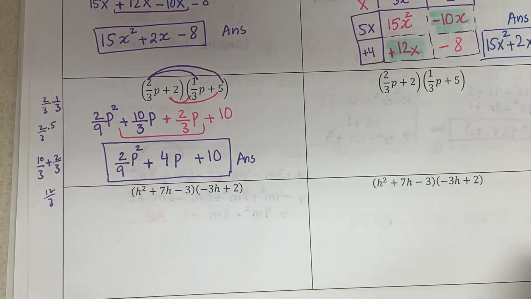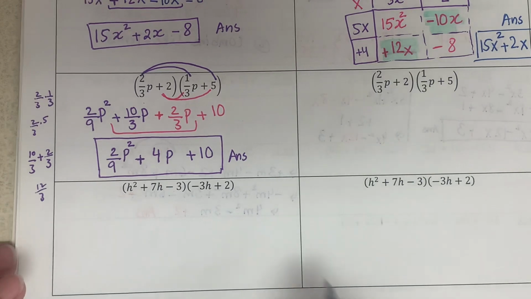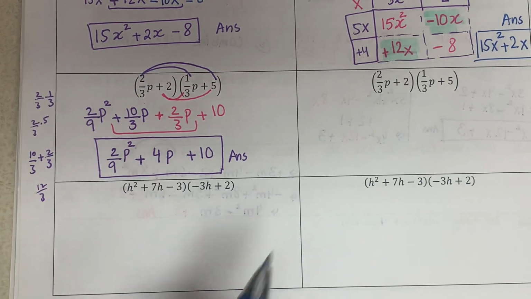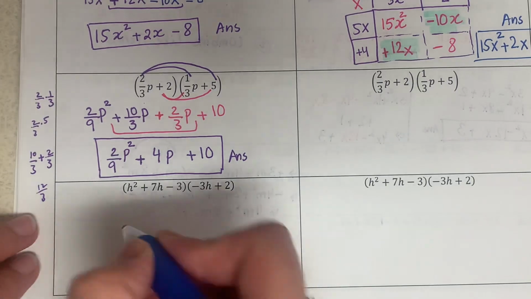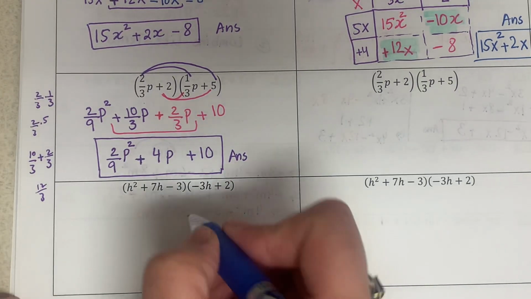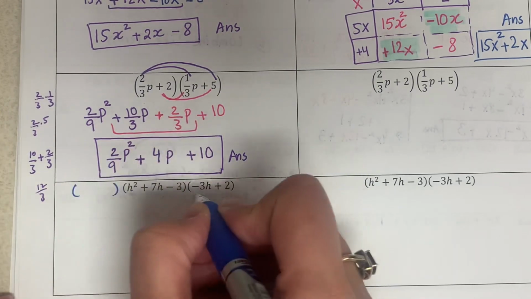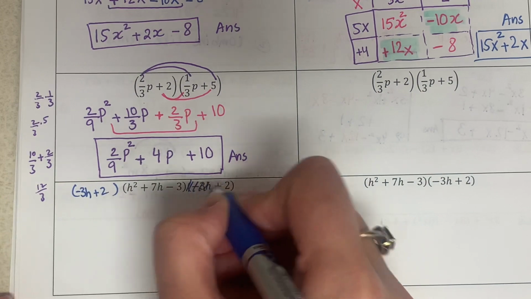I am going to use the loops for the last one, so the distribution method. And then the trick over here is it's easier to multiply if you have this term put over here. So what I'm going to do is I'm actually going to rewrite it. I'm going to move that negative 3h plus 2 over here and take it out from here.